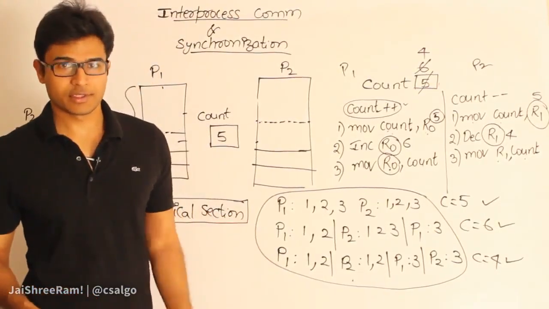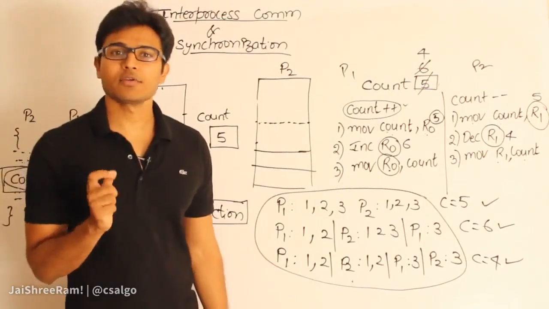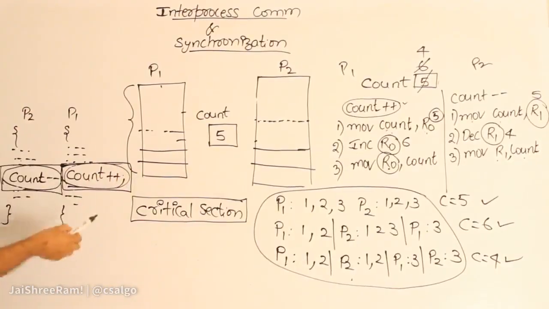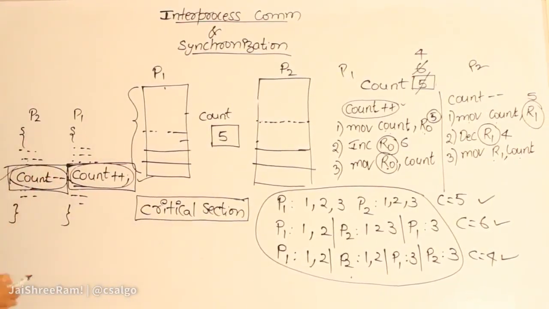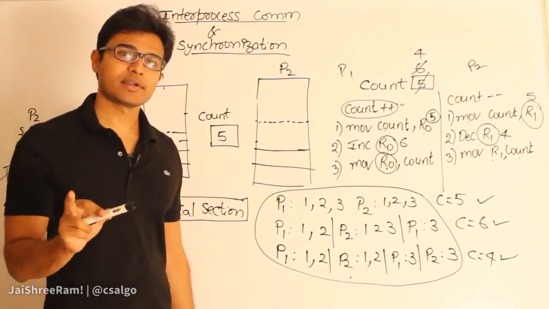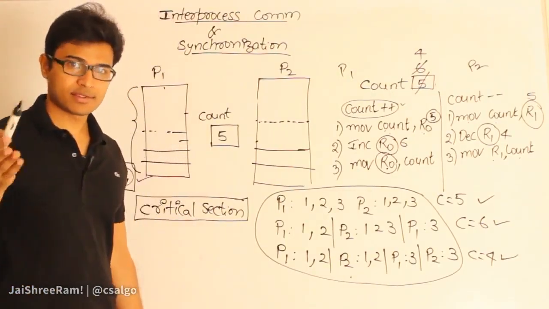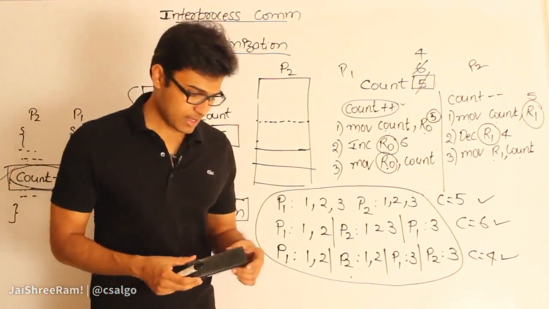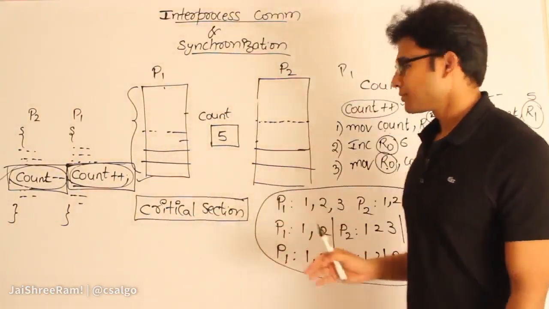Now what is the solution then? The solution is we should see that there should be some kind of synchronization. Synchronization means when one process is in its critical section, the other process should not go into the critical section. If you could see that only one process will access the critical section at any time without letting any other process access the same critical section during that time, we can actually stop this problem from happening.